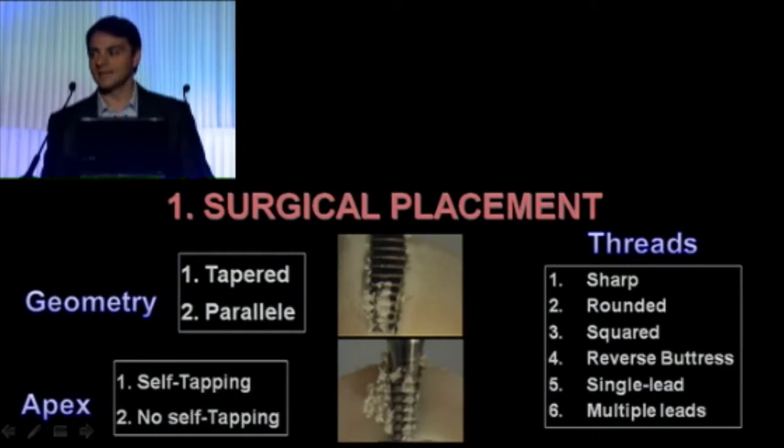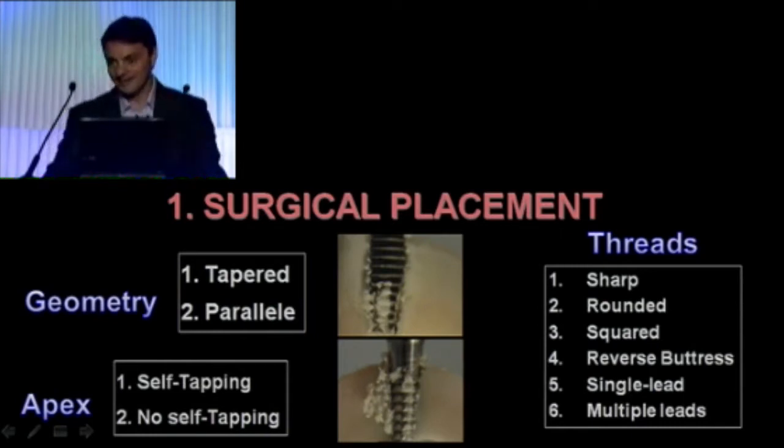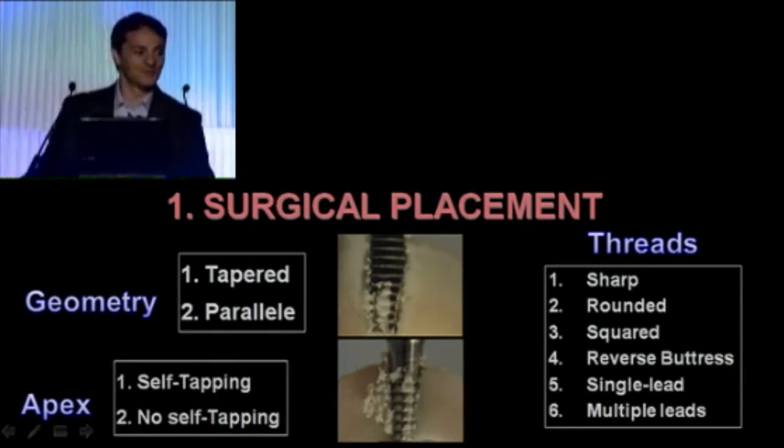So if you're placing many implants per day, let's say 50 or more, which is good, hopefully, I hope for all of you to have a chance to do more than 50 implants per day. Well, it takes time having a parallel thread design.